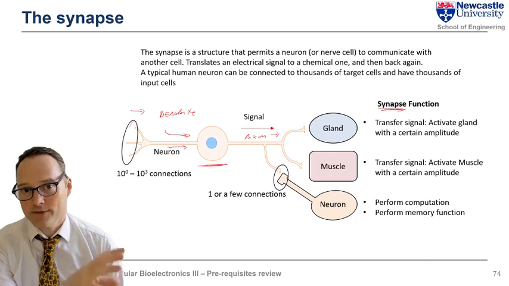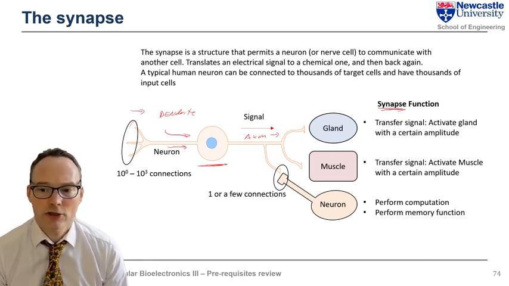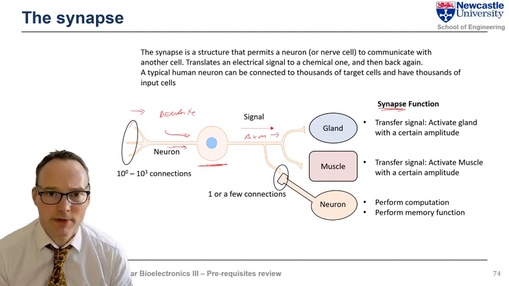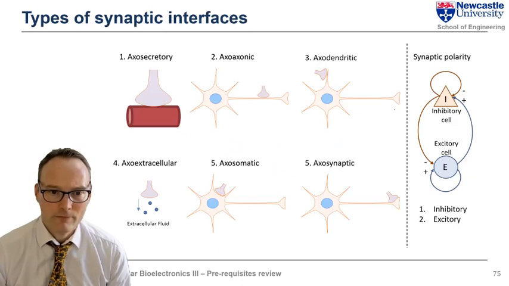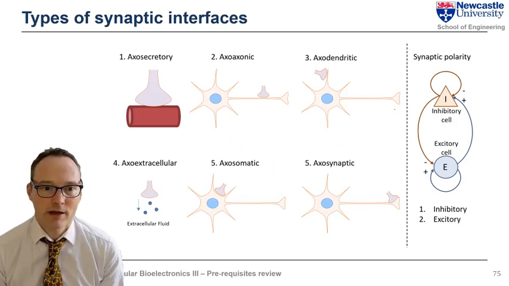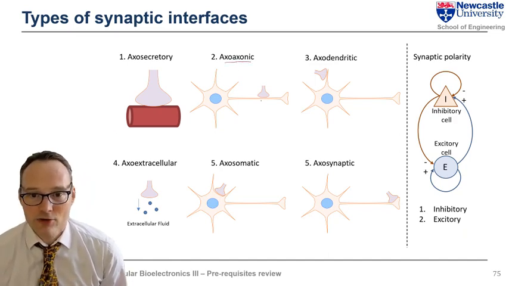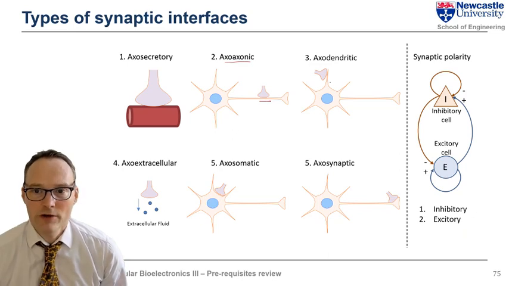Primarily, it is to transfer information from one place to the other, but it also has a function in computation and memory, as we'll see a little bit further on. Now, there are different types of synapses. You've got synapses which can connect to another cell's axon.